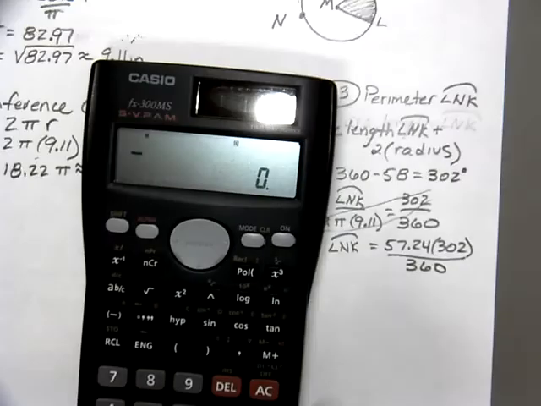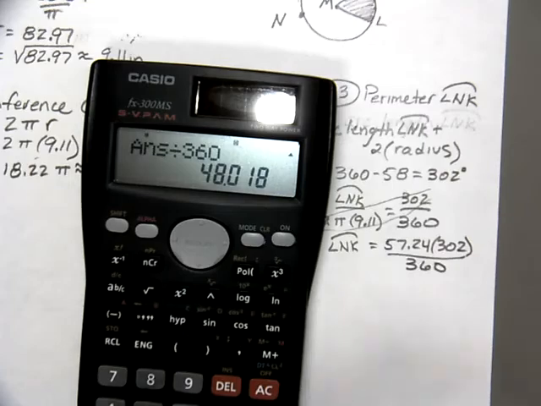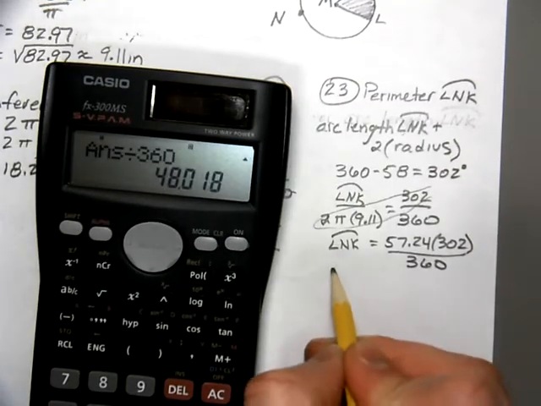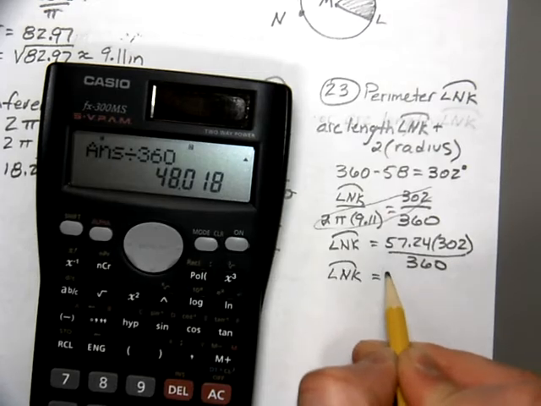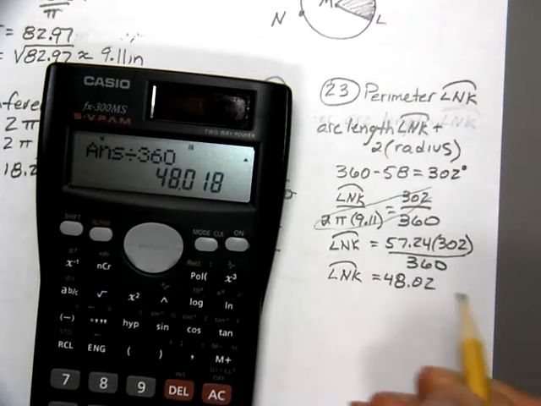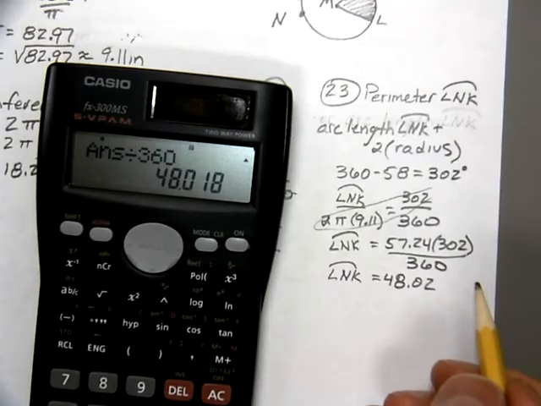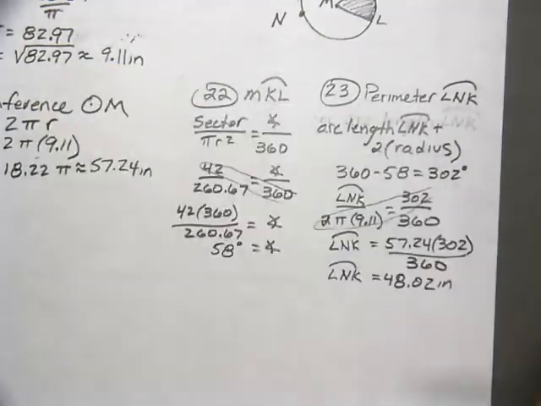And our calculator takes our 57.24, times that by 302, divided by 360. So the arc length gives us 48.02. And those units are in inches. That's an arc length.